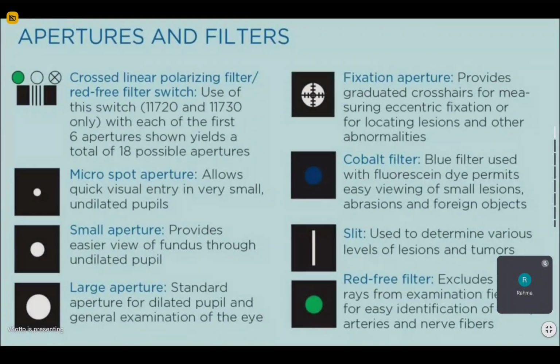You can adjust the size of your spot, having a small aperture, a large aperture. You can also use an aperture which is calibrated, graduated. It provides graduated crosshairs for measuring eccentric fixation, and you can also use filters and slit for this.